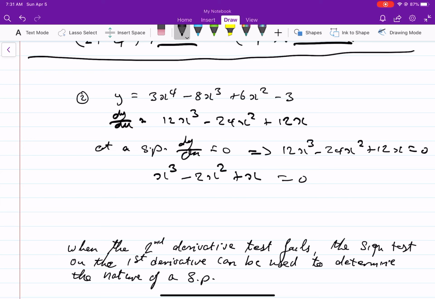I can factor out an x, giving x times (x squared minus 2x plus 1) equals 0. You do the work in between to show that the quadratic portion can be written as (x minus 1) times (x minus 1) equals 0.